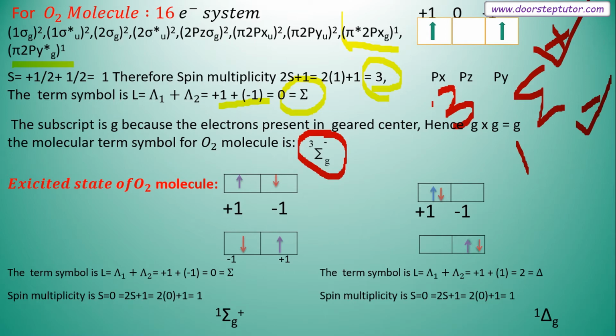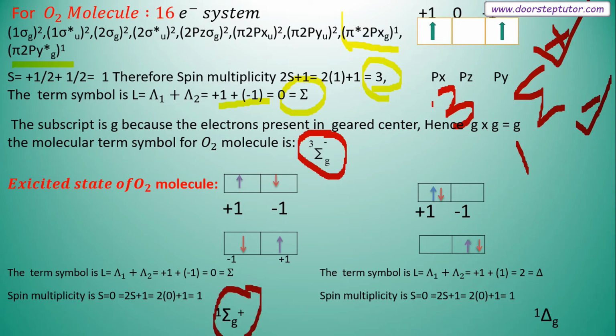If the two electrons are in two different orbitals with opposite spins, one plus half and one minus half, here plus 1 minus 1 means lambda is equal to 0, sigma, and S is equal to 0, so the spin multiplicity is 1. So for this excited state with opposite spins, the term symbol is 1 sigma g plus.